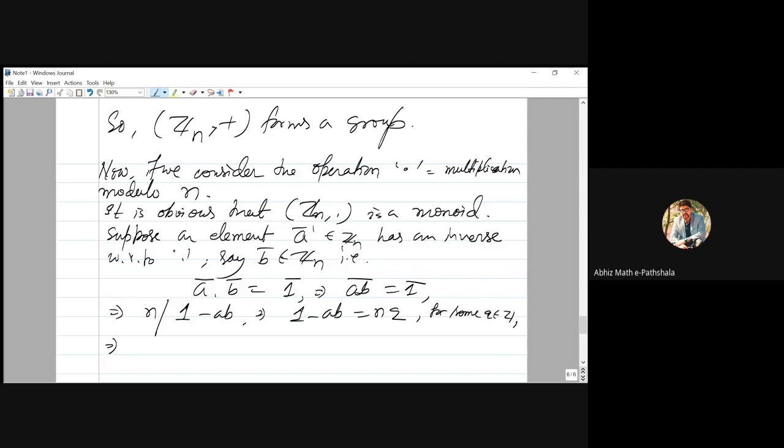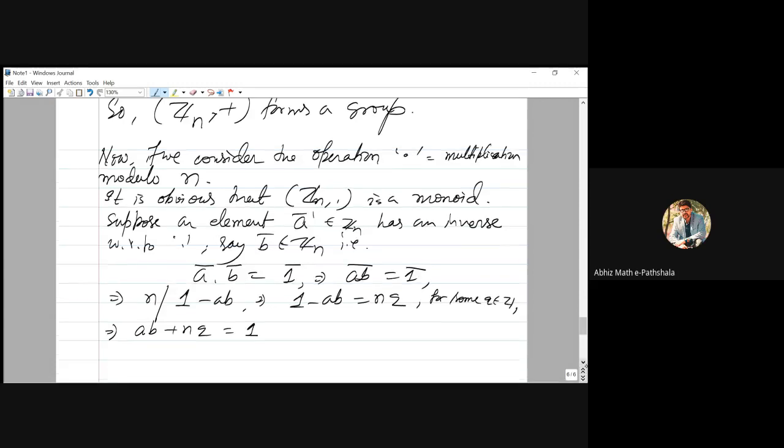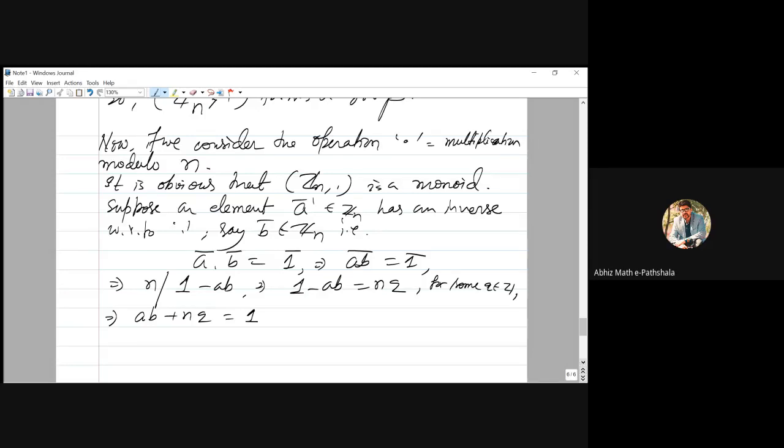So AB plus nq is equal to 1. So what does this speak? So it speaks of that GCD of A comma n is 1. That is A is relatively prime to n, right?